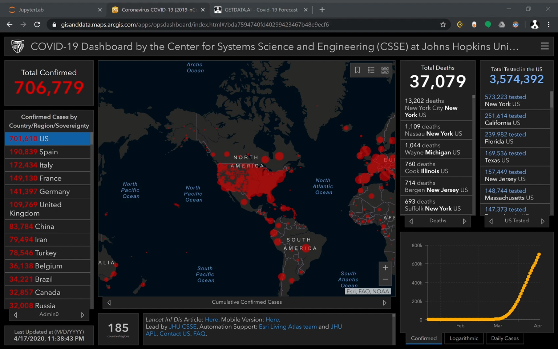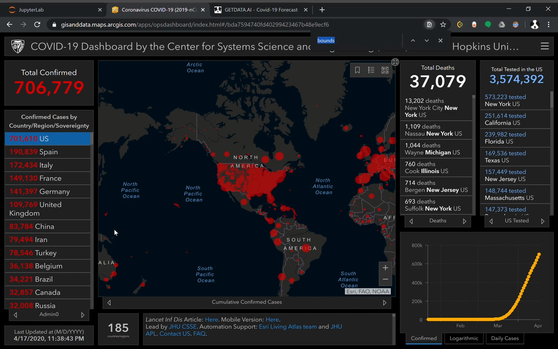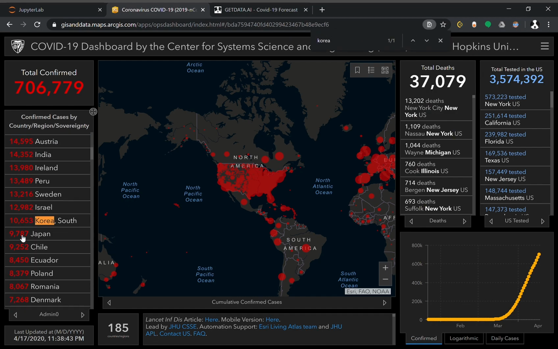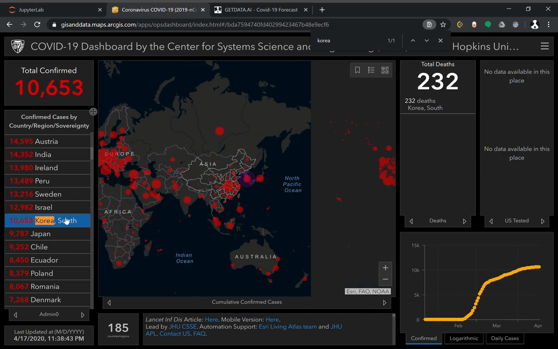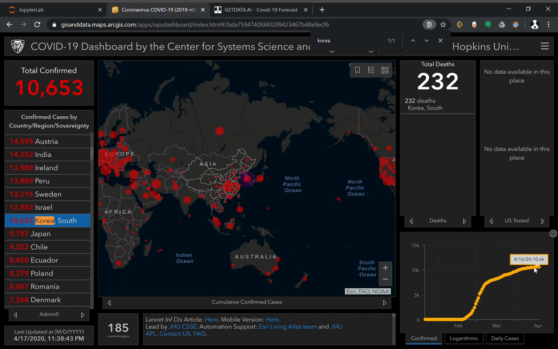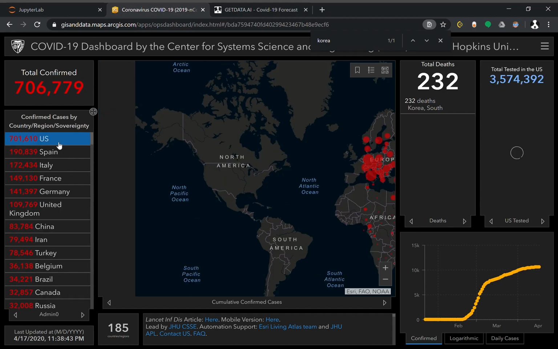Let's save this. All right, now let's go look at Korea on this same chart. So Korea, 10,000 infections. See, there you are. There's that turnover. So look how different Korea is from the US.